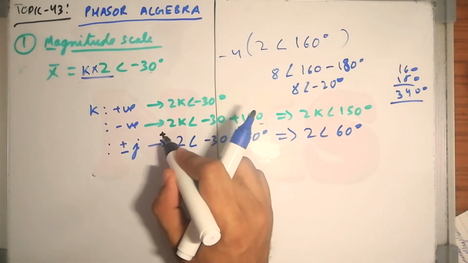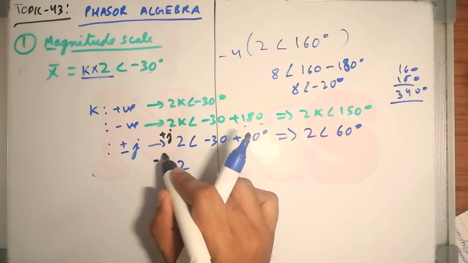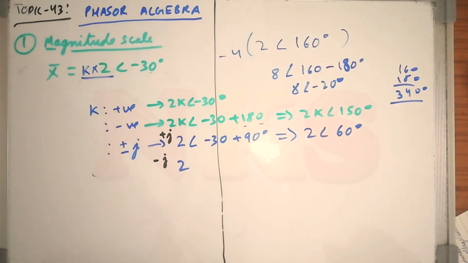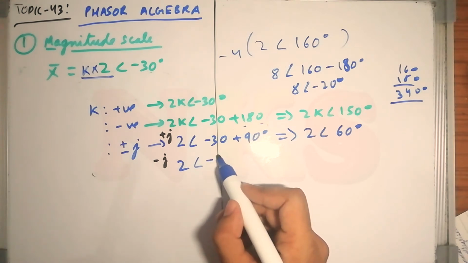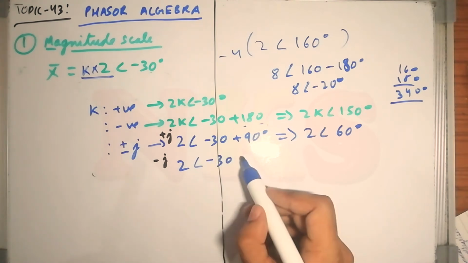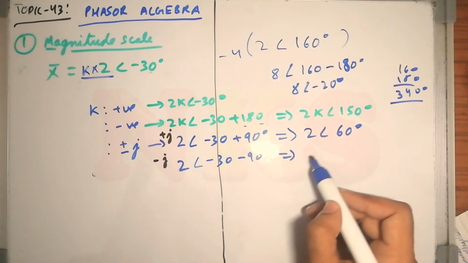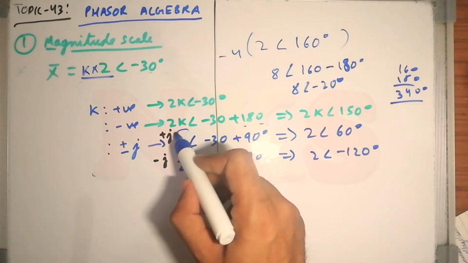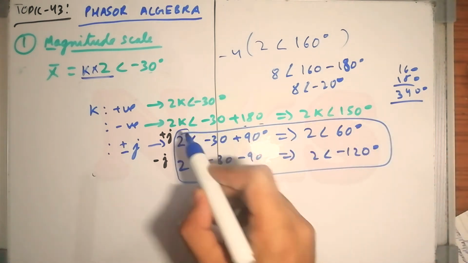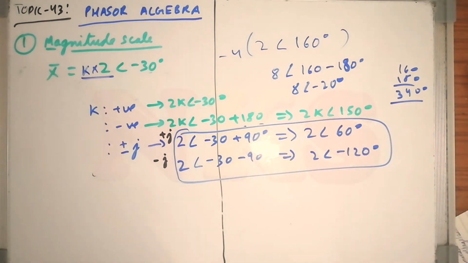If it was multiplied by minus j, then your phasor becomes 2 at an angle minus 30 minus 90, so 2 at an angle minus 120 degrees. This is how your expression changes on multiplying by these scalars.